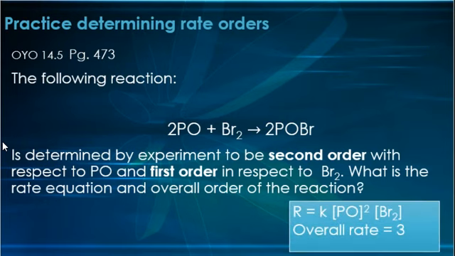All right, so here we have R equals K[PO] with a 2 right there because it told us it was second order, and BR is first, so there's a 1 up there. Overall order 2 plus 1 equals 3. All right, so that really gave us all the information we needed right there in our question, and we can answer that quickly. No worries.